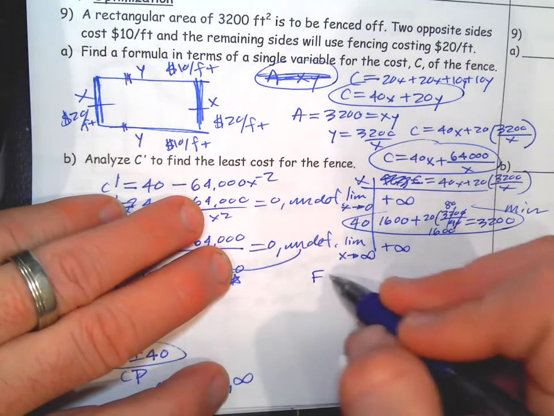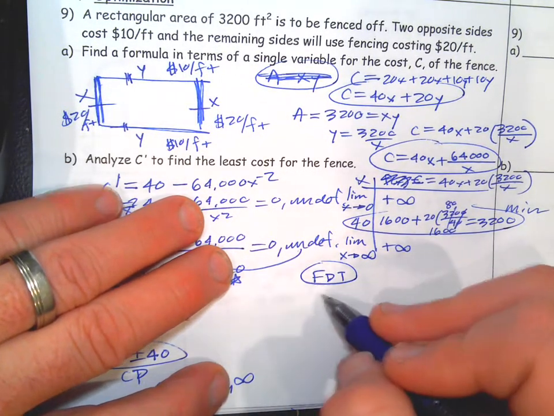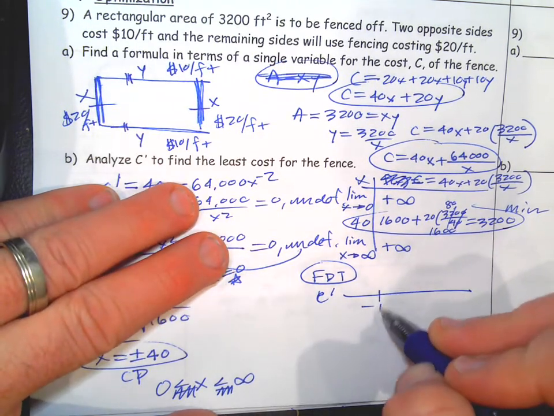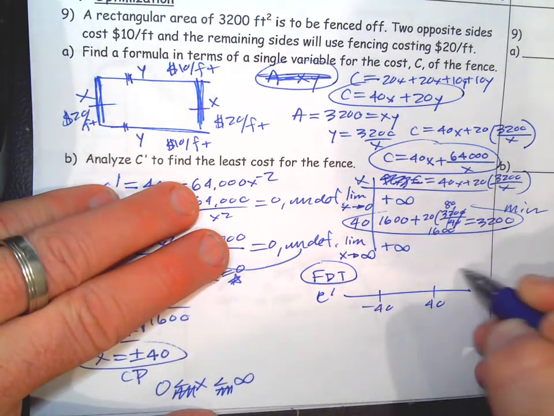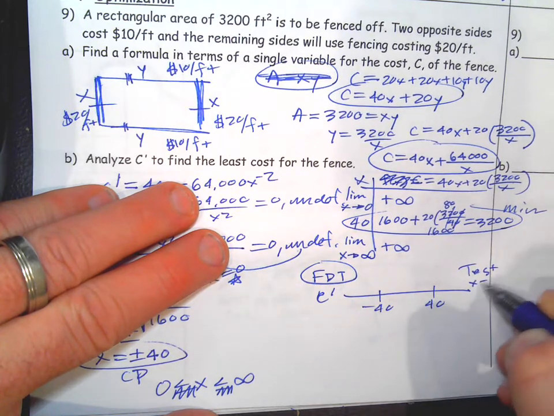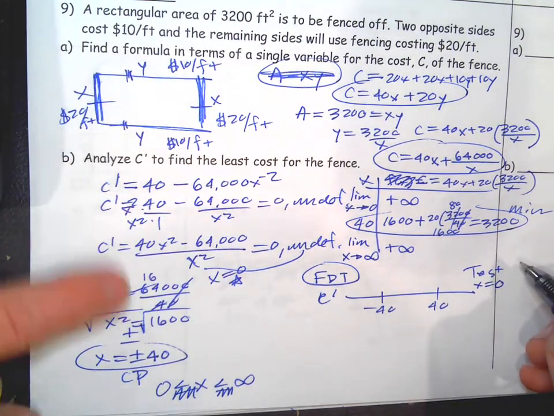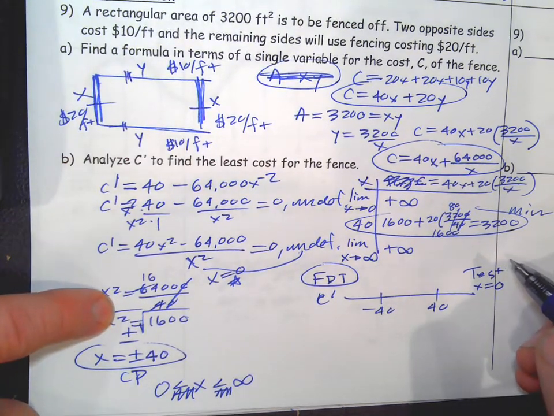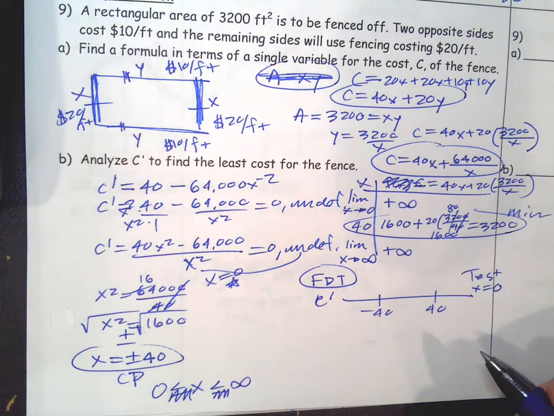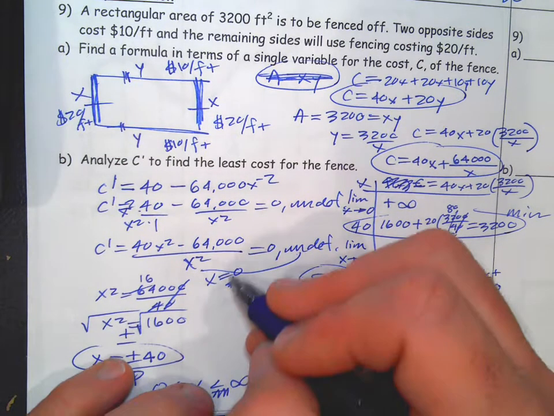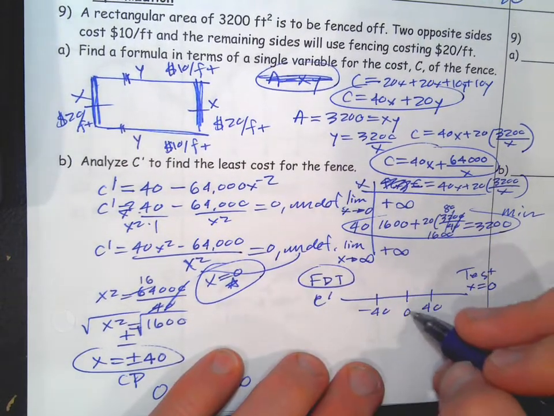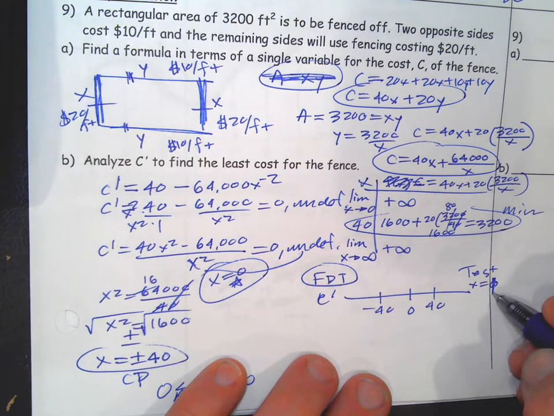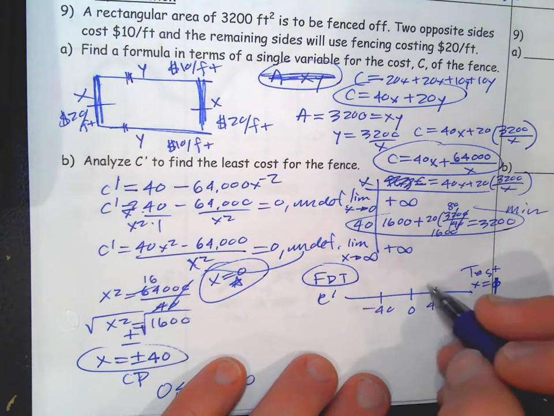So we could try to use the first derivative test, which is also hard to defend, but it's another option. So we have c prime, with critical points negative 40 and positive 40. Test a point, maybe x equals 0? No, can't do 0, 0 is a bounce. Could I test 1 or something? That would be negative.